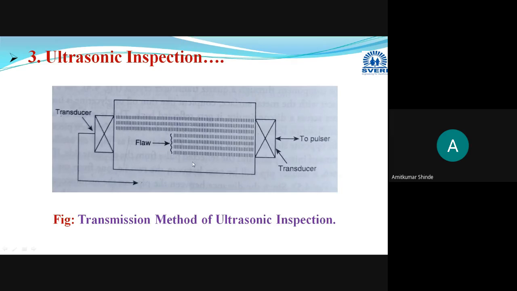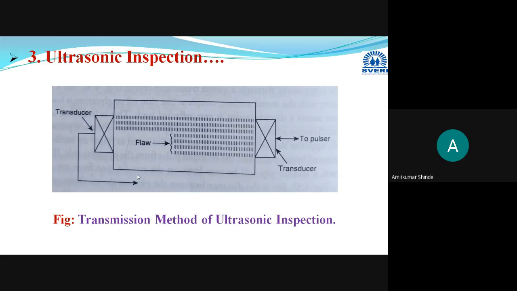By comparing that time, you can detect the location of that flaw or defect in this ultrasonic testing. This method can be used for detection of cracks and porosities, and for metallic components as well as non-metallic components.